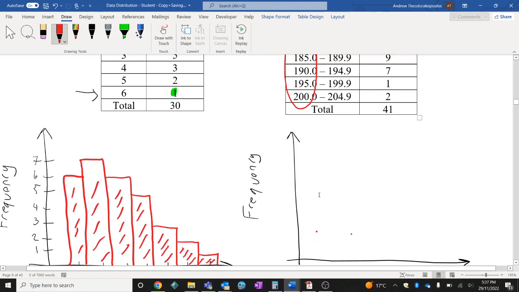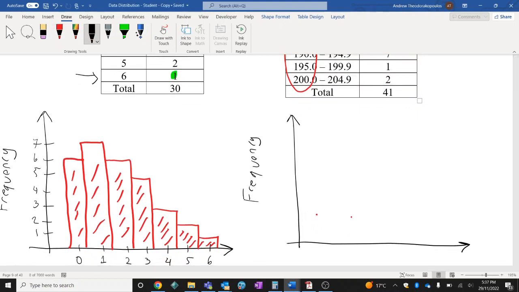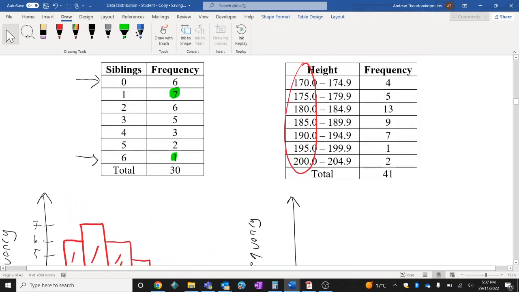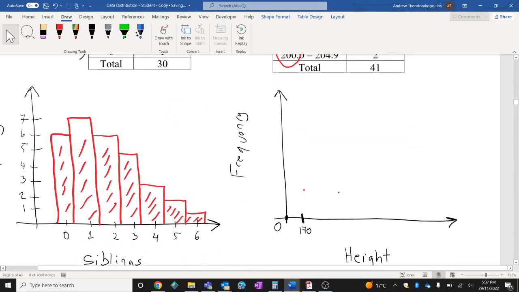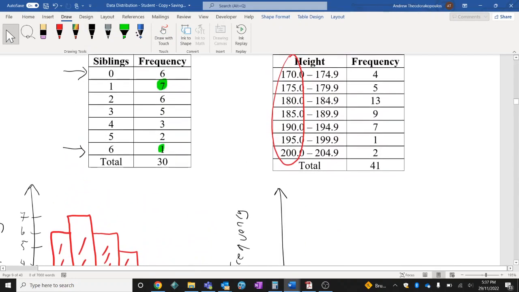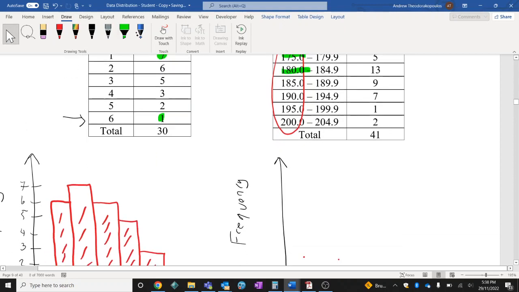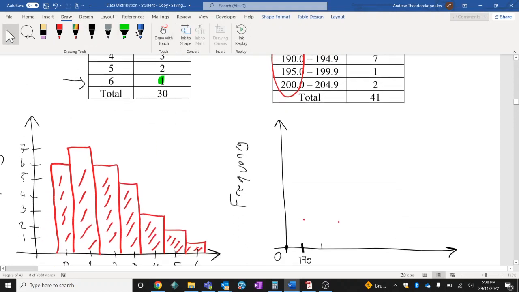Usually the 0 is just this point here, so I'm going to put a 0 here, and we're going to start from 170. Then our next number is the next number underneath that, 175. Then the next number underneath it, which is 180, and so on. We're going to keep going up by 5s.